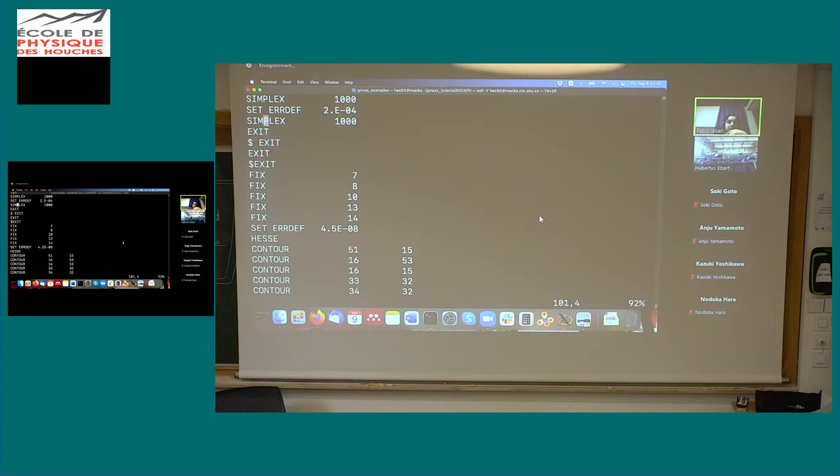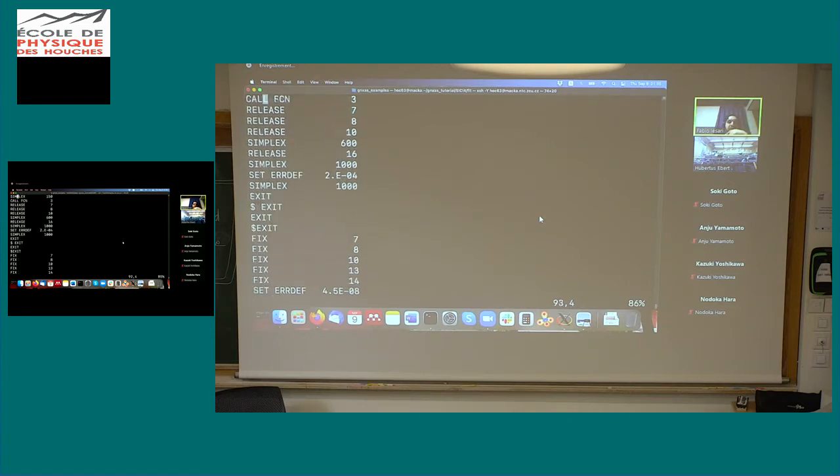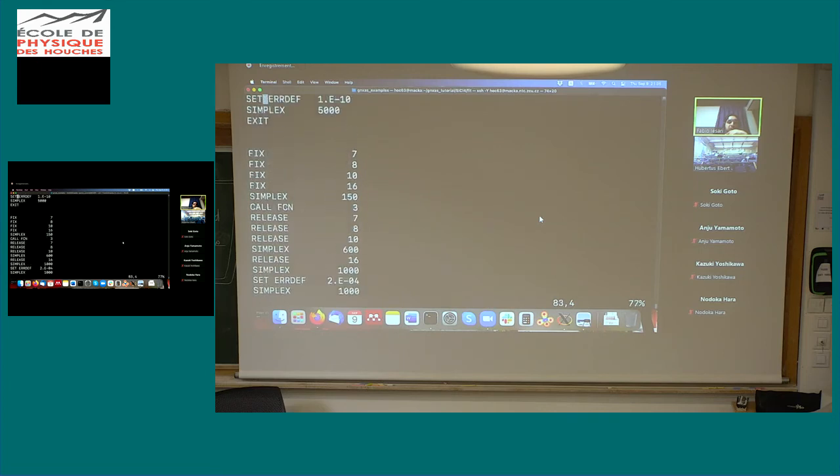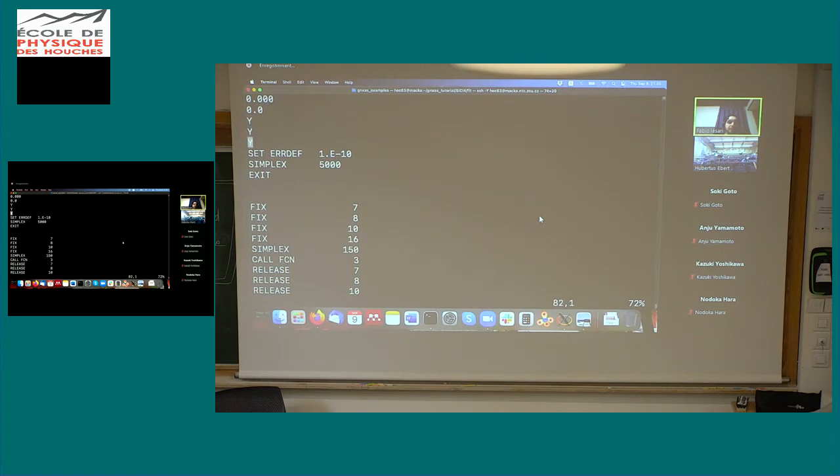It will take too much time to explain, so I will skip it. But okay, important point, you should put error def, simplex, 5,000, and then put exit. So it doesn't matter that there are other things written, because after exit the program stops.